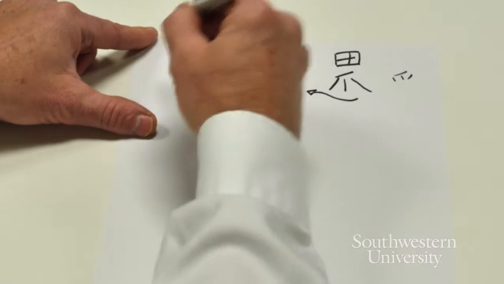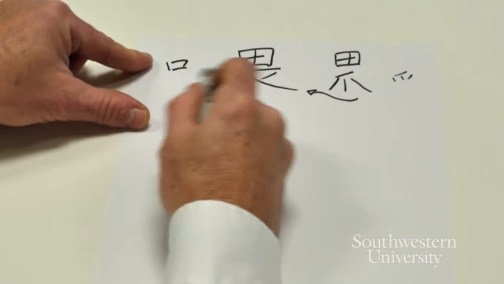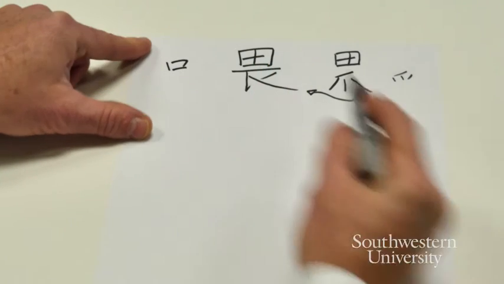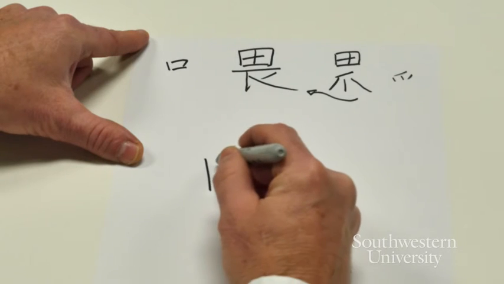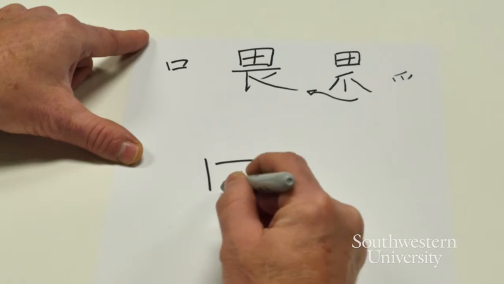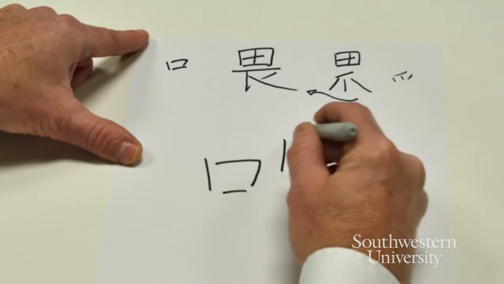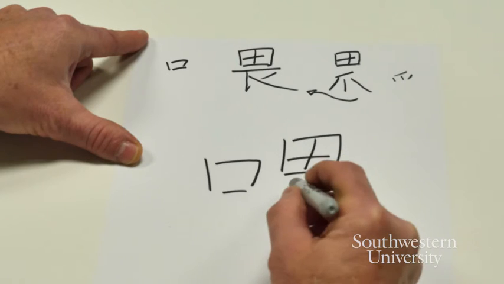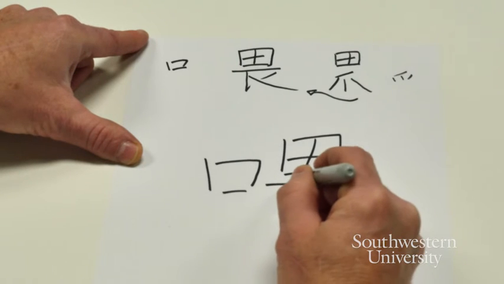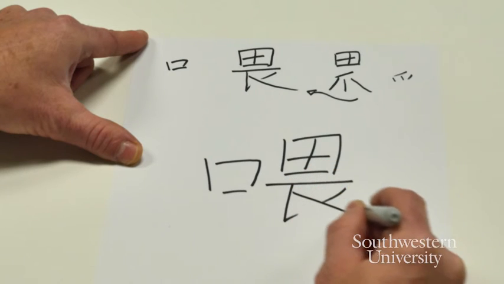Isn't that scary? And then the mouth radical to indicate you're just using the sound of it, not the meaning. So this is what you do once you answer the phone. You say, wei.